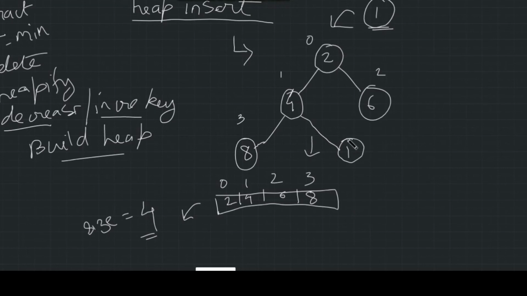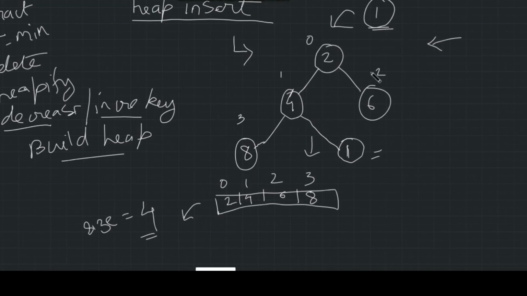After that, the next step is to compare the value with the parent's value. The newly inserted node has value 1 and the parent value is 4. What is the main aim? The main aim is to convert it to a min heap. Right now, due to this node, the min heap property gets disturbed.